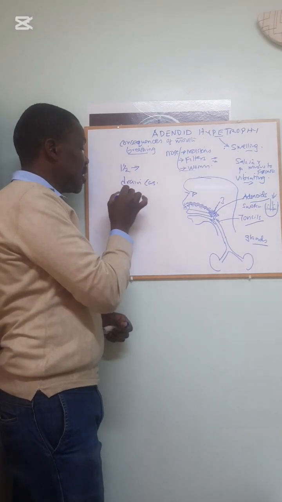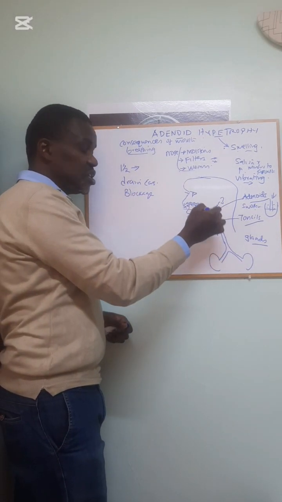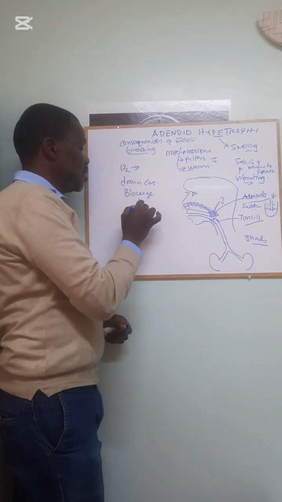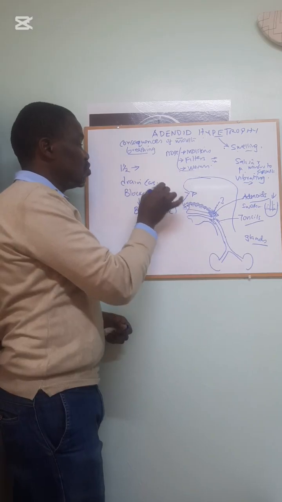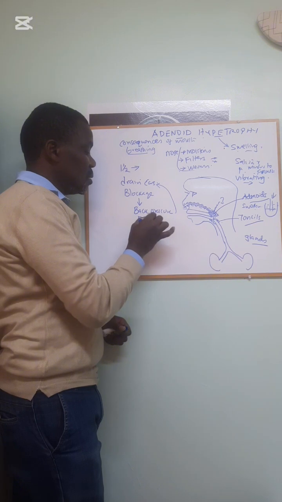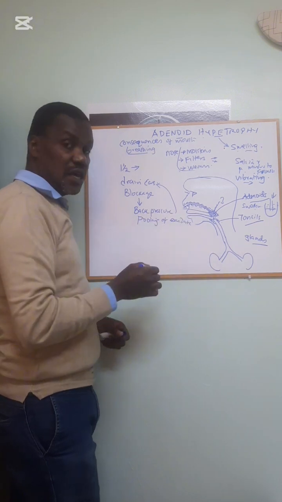Now, when there is blockage in where the ear is supposed to drain from, which is around the throat area, there is usually back pressure to the ears, and then there is pulling of exudate or whatever is supposed to come out of the ears.